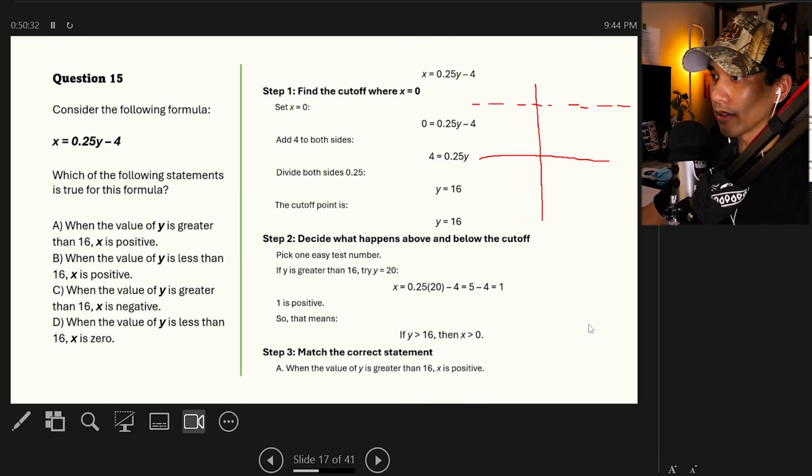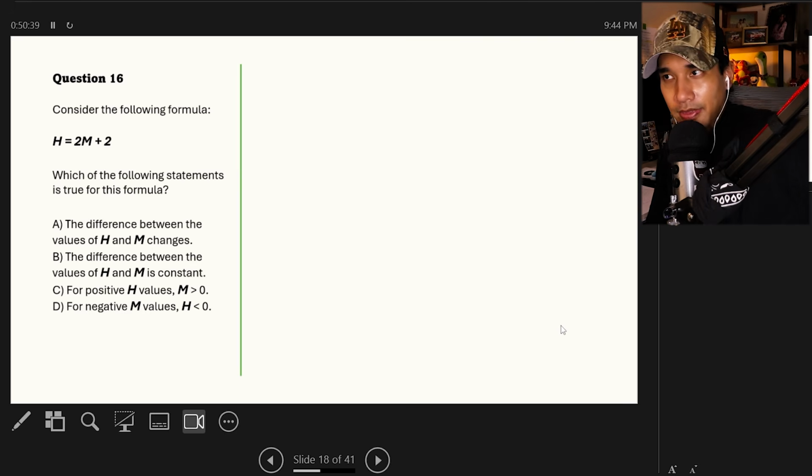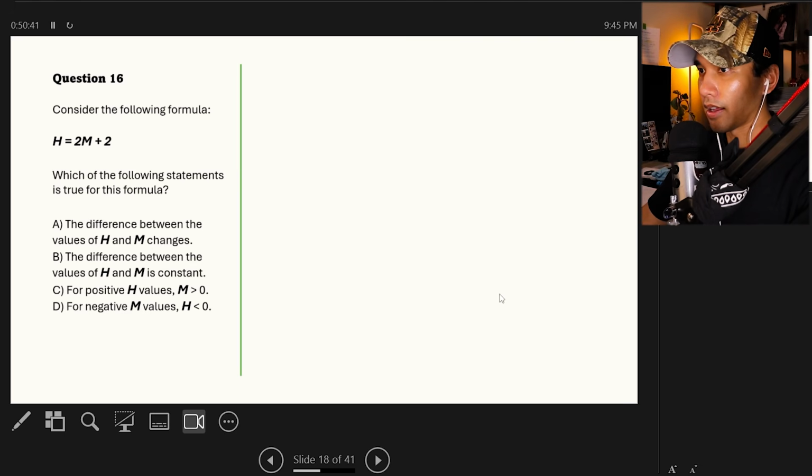So, okay. Again, this is another question. Oh my gosh. Oh, actually, this is not that bad. I do have trouble with this one, but all you're doing is basic algebra. The difference between the value of h and m changes.